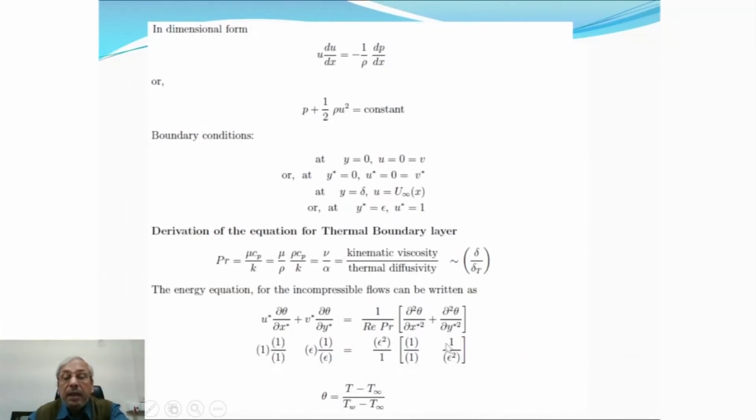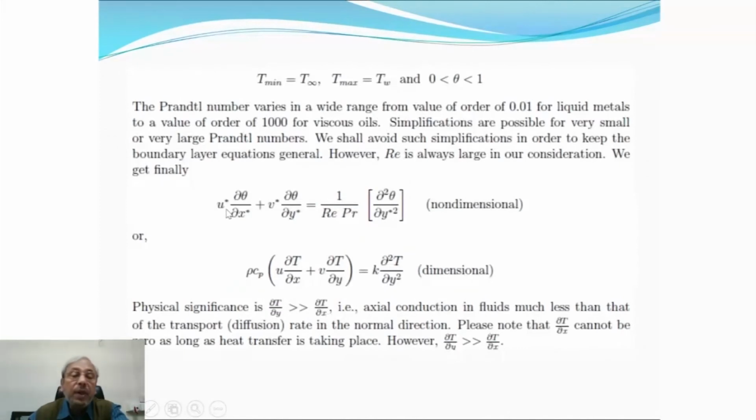Then again, if we want to retain order of 1 on both sides, we can write U star del theta del x star plus V star del theta del y star equal to 1 by Reynolds number into Prandtl number del 2 theta del y star 2.